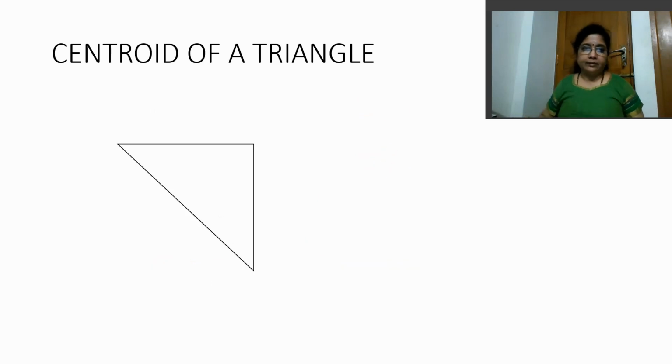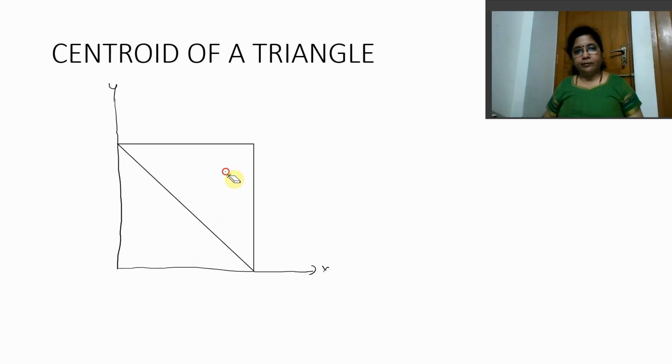Let us take the third case. Now, taking the third case, this being our y coordinate and this being our x coordinate, your centroid is somewhere here, right? So I'm going to drop a perpendicular here and another perpendicular. Now look at this. We know this distance is 1 by 3. We also know that this distance is 1 by 3.